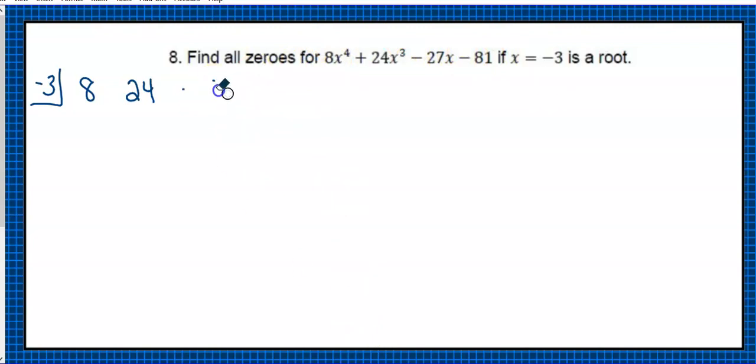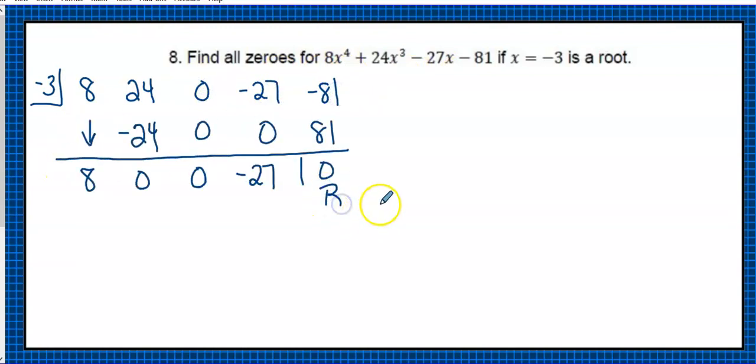I have a placeholder because I don't have an x squared term. So I have a 0 and then a negative 27 and negative 81. So my remainder is 0, like it should be, because they told me negative 3 is a root. And then I don't have an x squared or an x term. So this is going to be 8x cubed minus 27, which is a difference of 2 cubes.